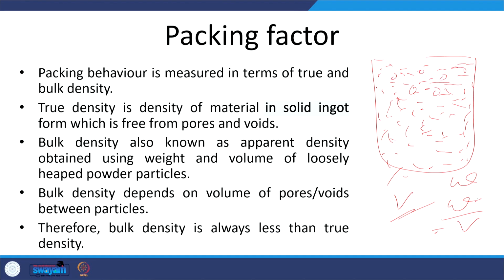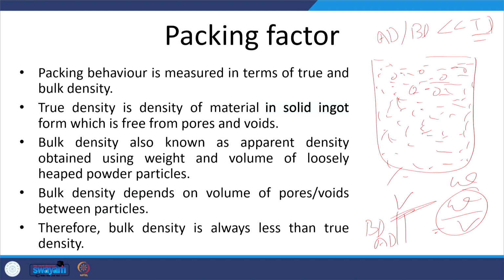So, this density, from the powder particles filled in a given volume and weighed, is used to quantify the bulk density or apparent density. Our apparent density or bulk density is always lesser than the true density of the material due to the presence of voids and porosity. That is very simple.